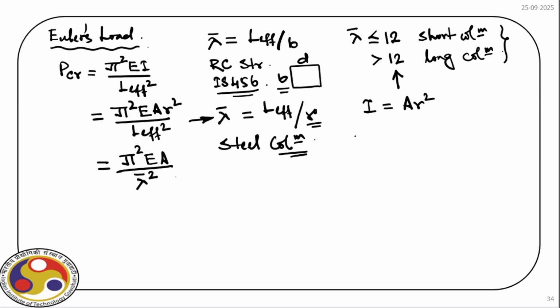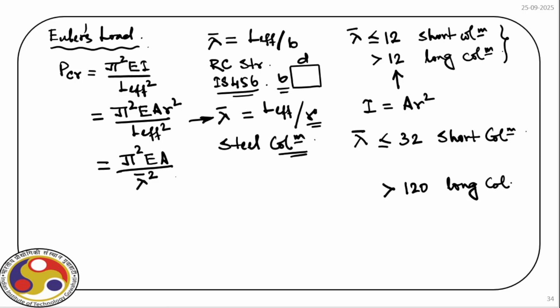And for steel column, the limits are lambda less than equal to 32, and that is short column, and if it is greater than 120, it is called long column, and in between this range 32 to 120 we call it intermediate column.